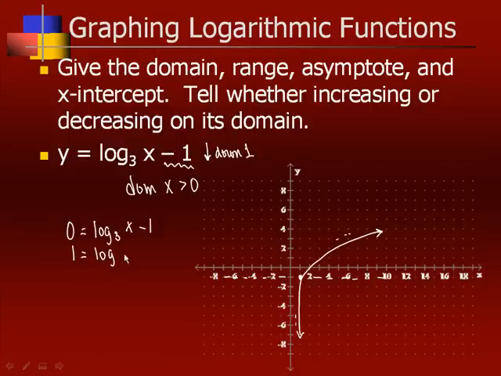Add 1 to both sides, so we get the log of x base 3, which means the log is the power, so that is the base of 3, the power of 1 equals x, so x is equal to 3, so technically it goes through here and through here, so our graph would look something like that. We still have a vertical asymptote of x is equal to 0.